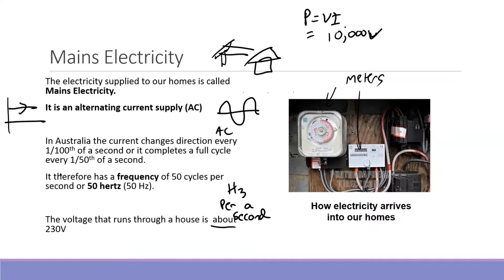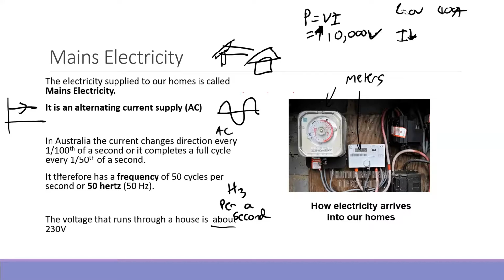It's better to have a high voltage and a low current than to run 240 volts with 10 amps or whatever it is. It's probably going to be 40, but I'm not going to do the actual maths here. It's better to do that than this scenario here.